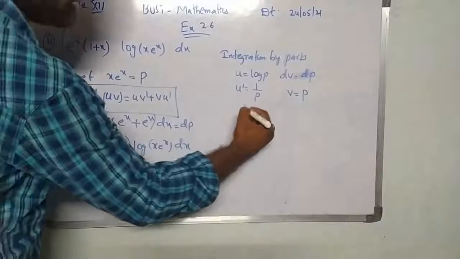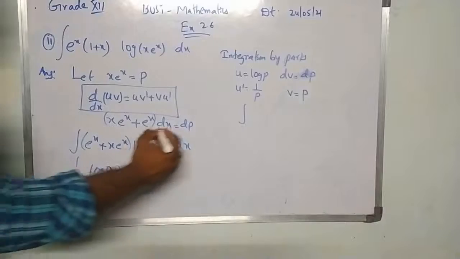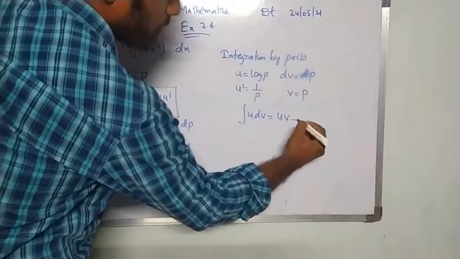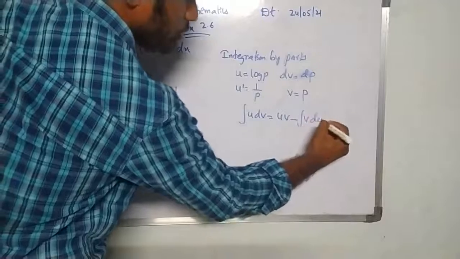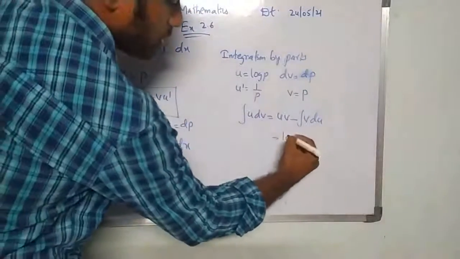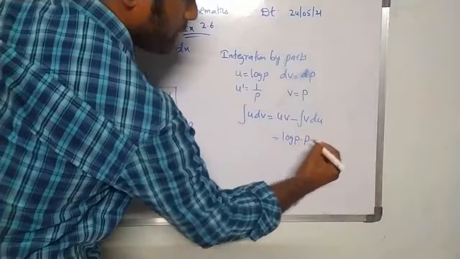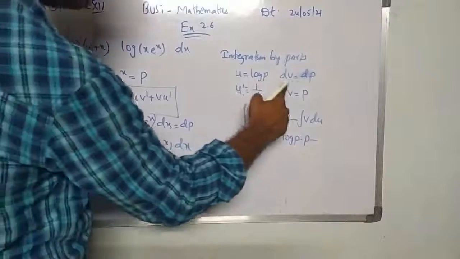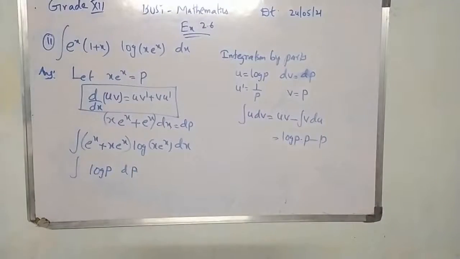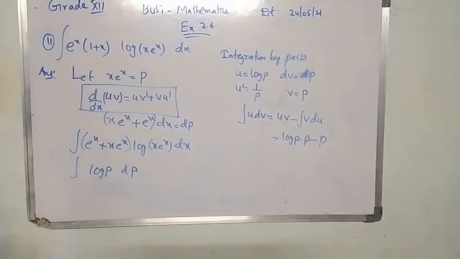What is the formula here? Integral u dv can be written as uv minus integral v du. So u into v means log p into p minus the integral of v du, and we have already found the integral of v, which is p.